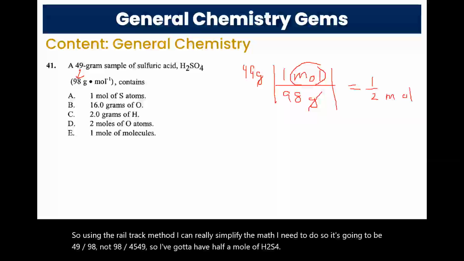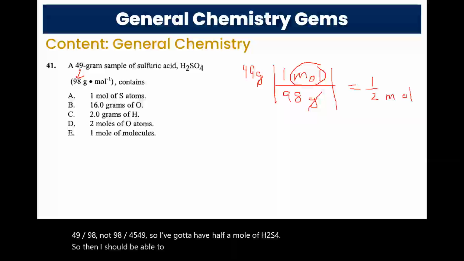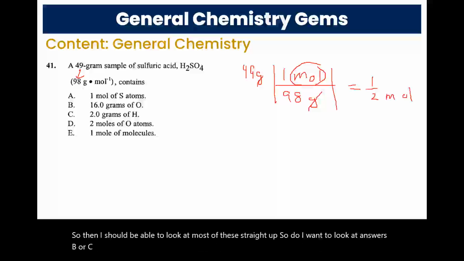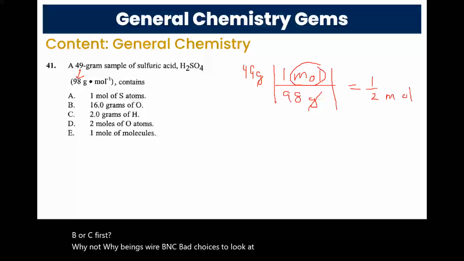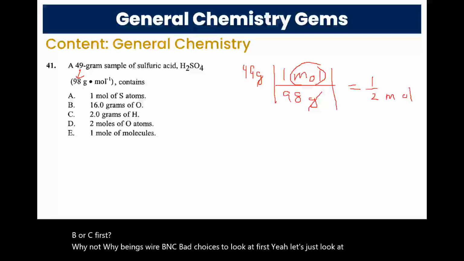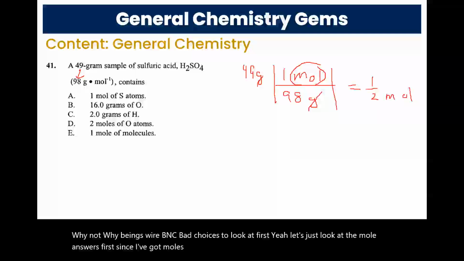So then I should be able to look at most of these straight up. So do I want to look at answers B or C first? Why are B and C bad choices to look at first? Yeah, let's just look at the mole answers first, since I've got moles already. So I got 1/2 a mole of H2SO4, so will I have 1 mole of sulfur?